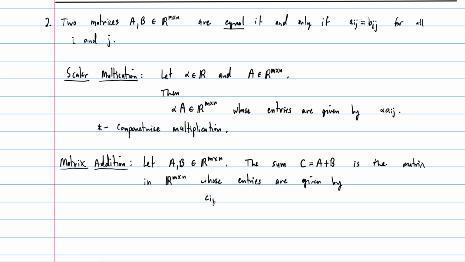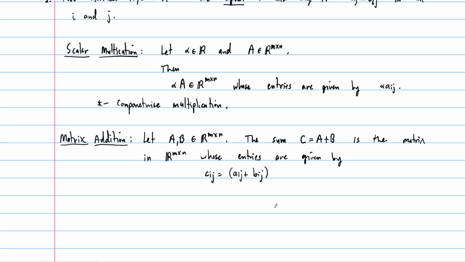So we need to know the entries C_ij for this matrix C, and they, it turns out, are going to be the sums of the entries A_ij plus B_ij. All right, so we just add, again, component by component. So this is component-wise addition for our matrices.